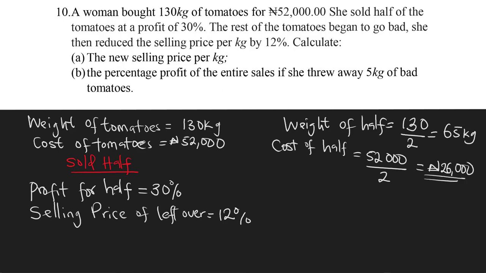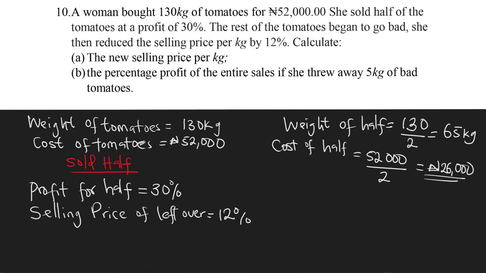So remember, the first question says we should find the new selling price per kg. In order to find the selling price per kg, we have to find the selling price of that half first. We already have the percentage of the half, which is 30%, the cost of the half, which is 26,000, and the weight, which is 65.